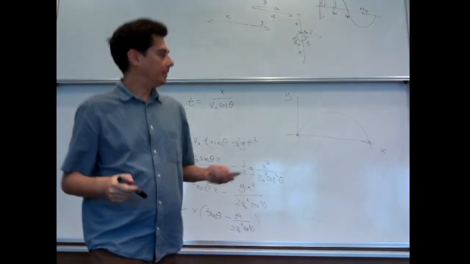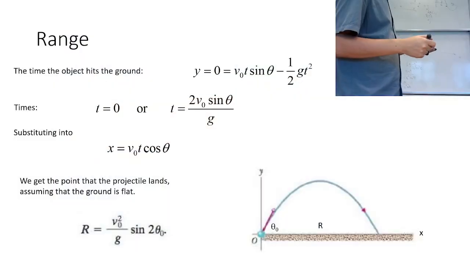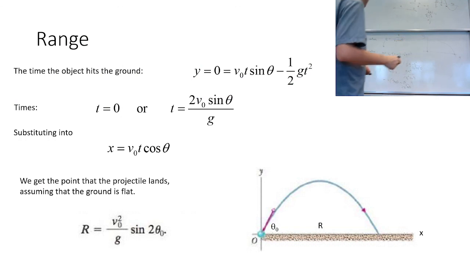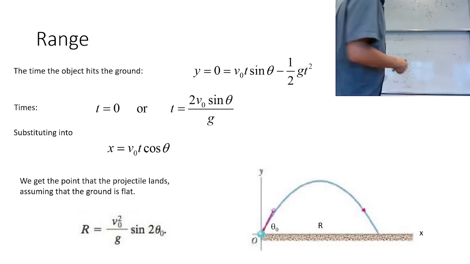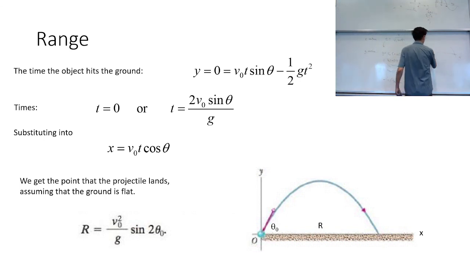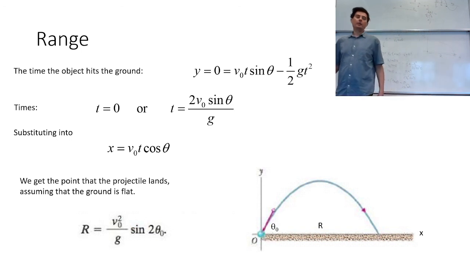In fact, I think that's what we do next. Yeah. So we can actually do this 2 ways. We could do it from this equation, I think, or we could do it the way that it's given here. So the range is basically, assuming we're on flat ground, how far does the projectile actually go?